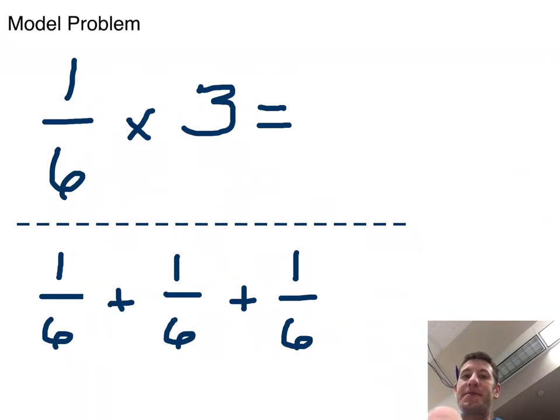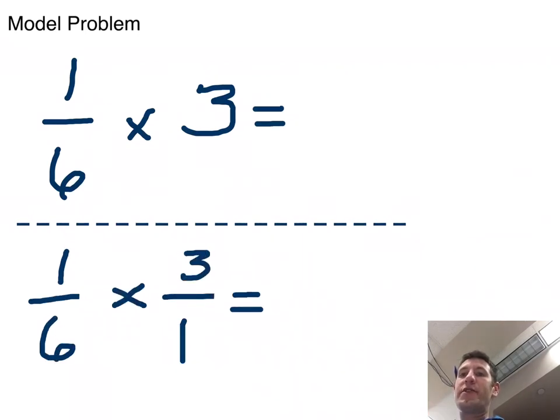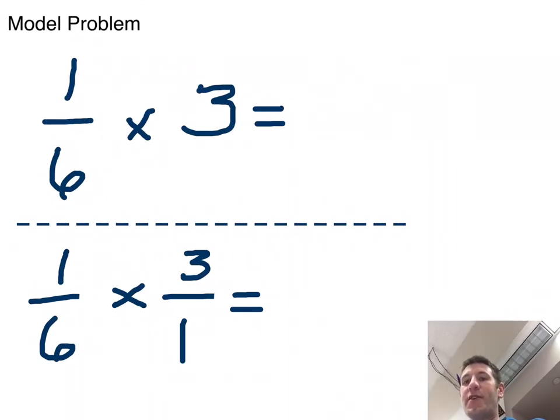But to solve this, think about what I said in the very first slide of the video: taking this whole number and converting it into a fraction, which was 3 over 1. Then your process is the same that you learned in the first video. I multiply the numerators together and the denominators together.